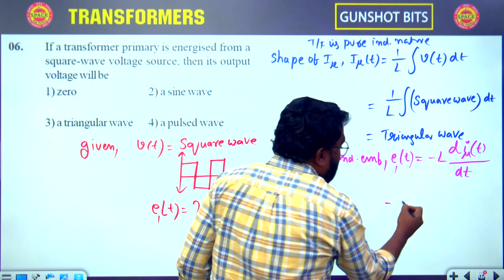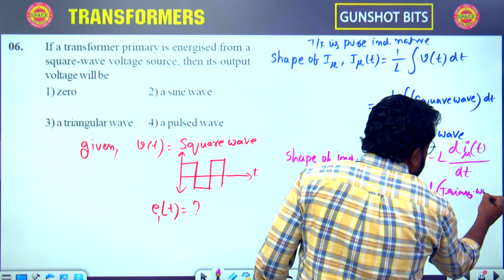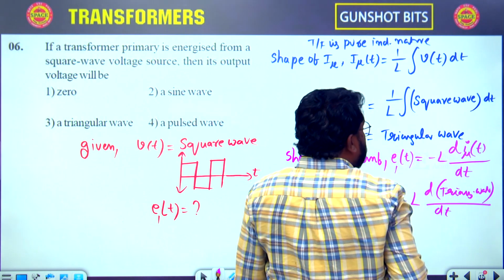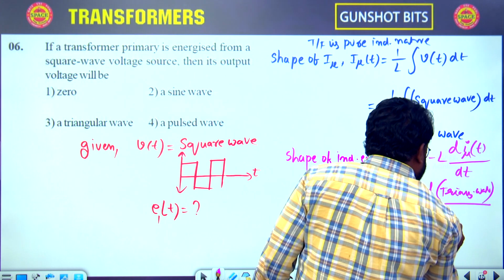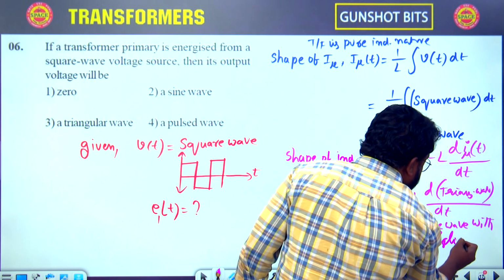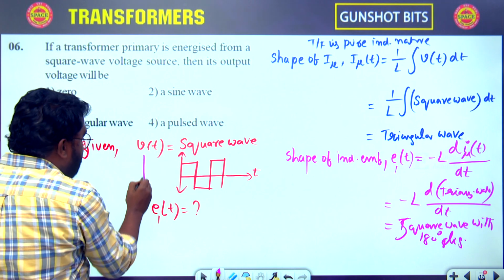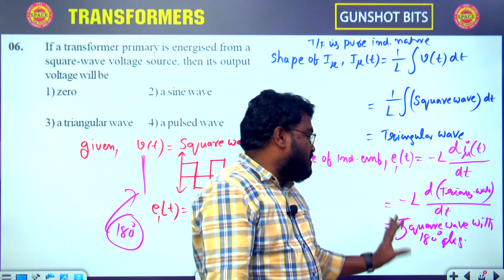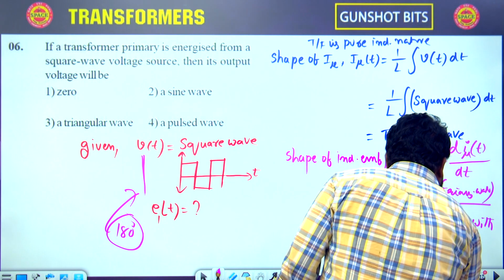So this is equal to minus L times the differentiation of the triangular wave with respect to time. The integration of the square wave gives the triangular wave, so the differentiation gives back the square wave with 180 degree displacement. Why? Because the phase displacement between these two is always 180 degrees. The shape remains the same, a square wave with 180 degree displacement, which is also called a pulsed wave.